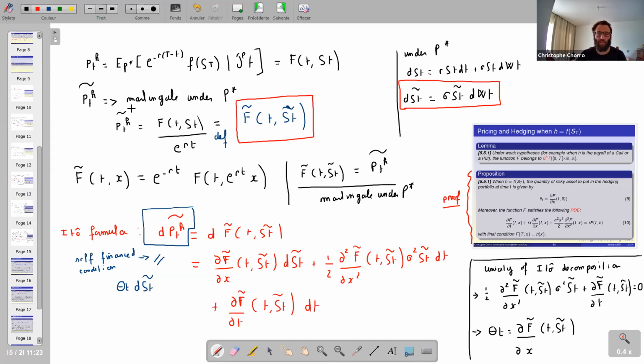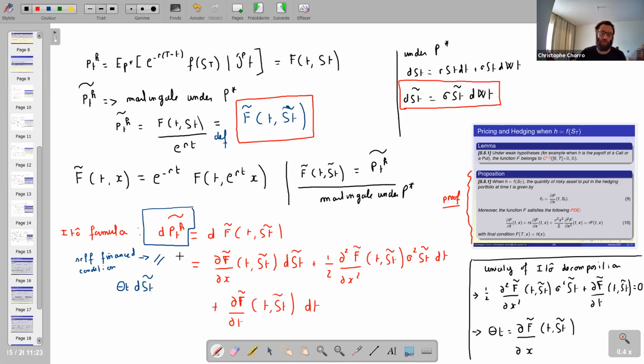I say that here I have the value of a self-financing strategy, by definition of the price, the value of any replication portfolio associated to a P-star admissible financial strategy. So I obtain this. And also, using the Ito formula, since this one is a regular function of t and S t tilde by lemma 5.5.1, the Ito formula may be used. I apply the Ito formula and then I make these two parts equal.